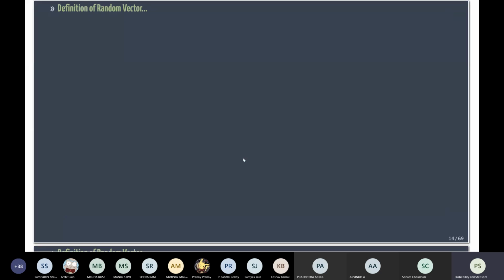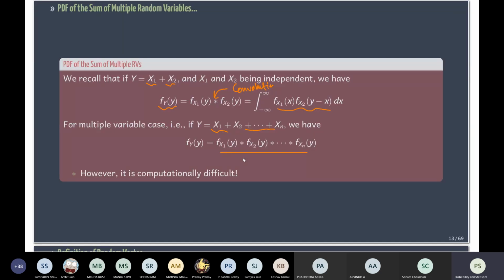Definitely. So what I have shown so far are multiple random variables, right? What we have discussed so far is x1, x2, up to xn. So this is the multiple random variable case, but I can also make them into a vector and collect all of those in one vector.